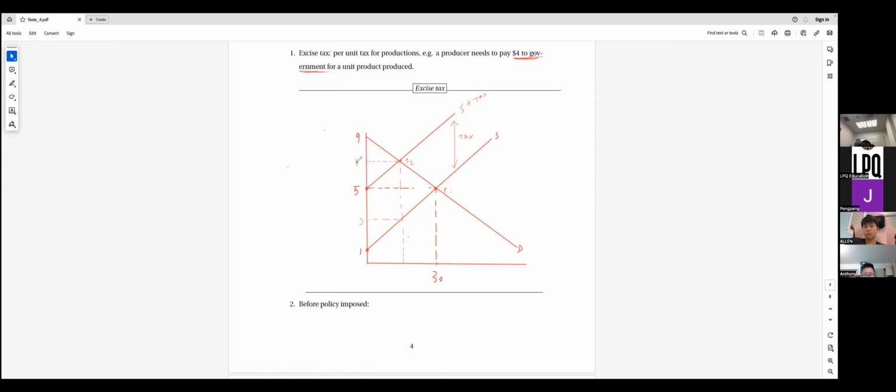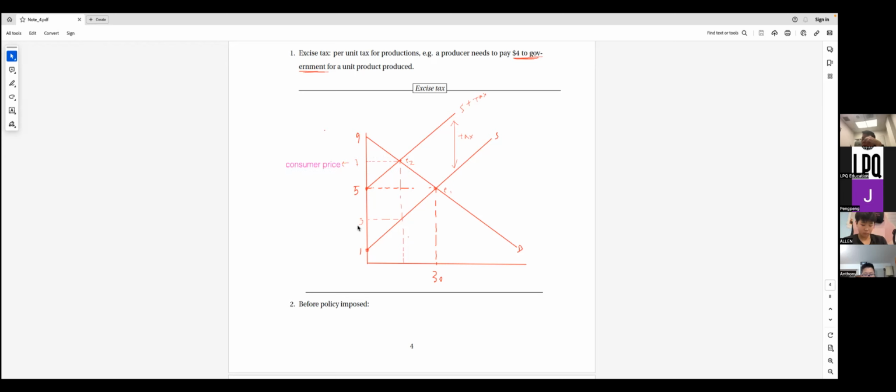So 7 is called the consumer price, and 3 is called the producer price, right? After we add a tax, if consumers still want to buy the product, they need to pay 7. So 7 here is the consumer price.